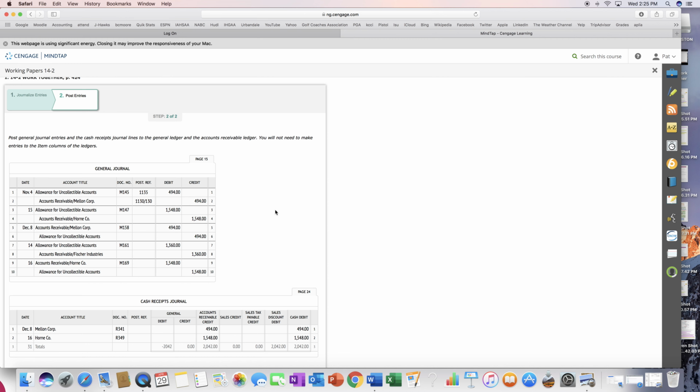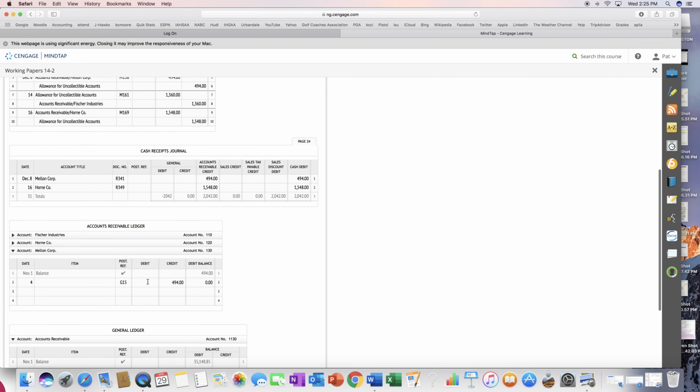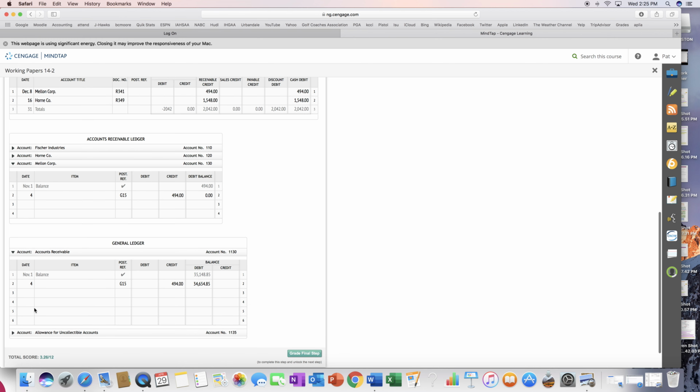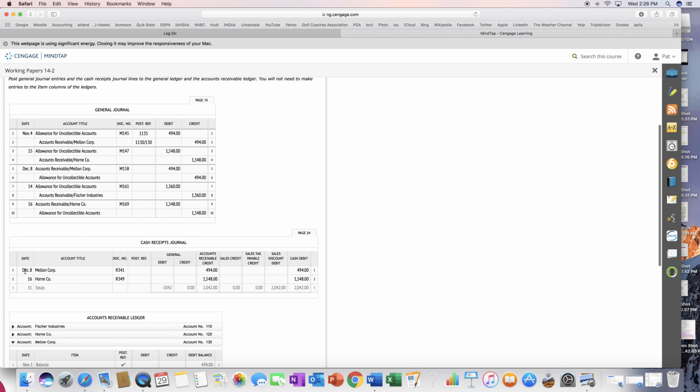All right. Anyway, you'll do that action for all of these, going in order as best you can through this. I don't know if they have us posting. I believe they will have you posting from the cash receipts. The cash receipts journal transaction, this Mellon one, we will do second.